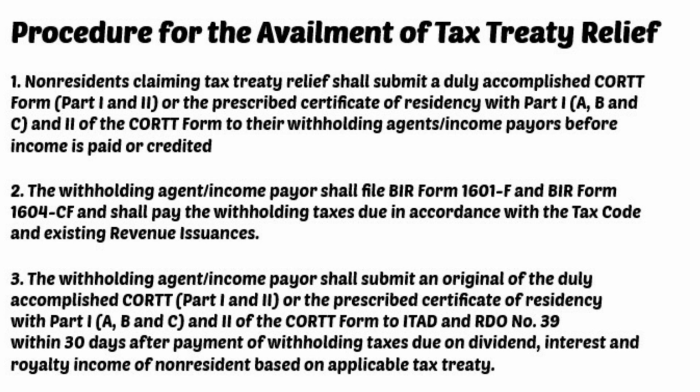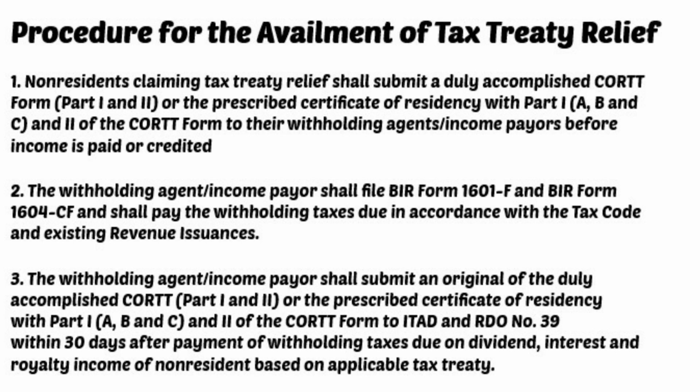So, in the procedure for the availment of tax treaty relief, non-residents claiming tax treaty relief shall submit a duly accomplished Certificate of Residency for Tax Treaty Relief Form Part 1 and 2 or the prescribed Certificate of Residency with Part 1A, B, and C and 2 of the Certificate of Residency Tax Treaty Relief Form to their withholding agents, income payers before income is paid or credited.